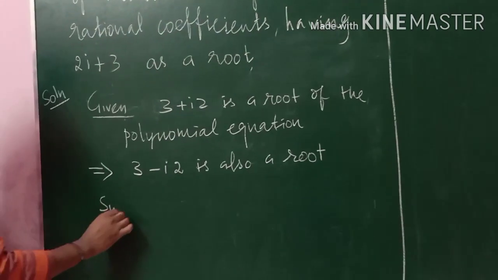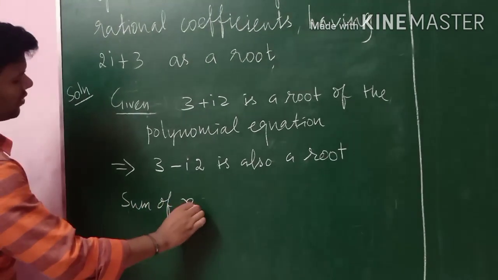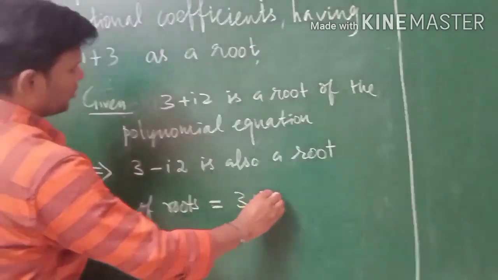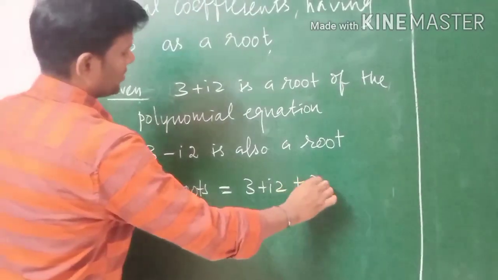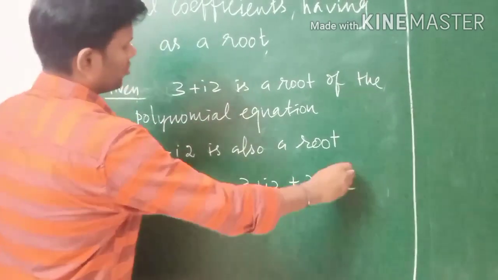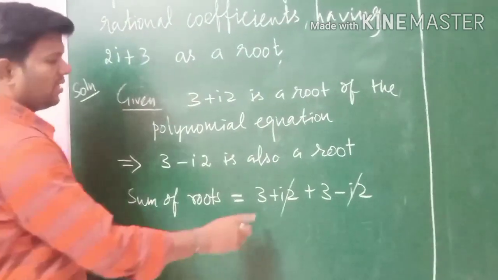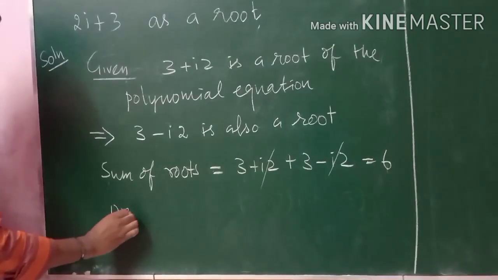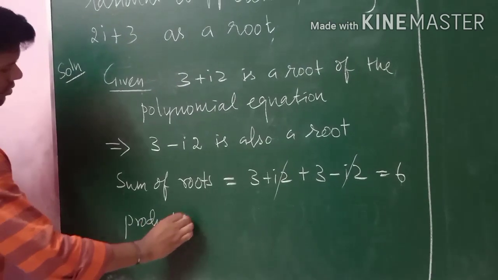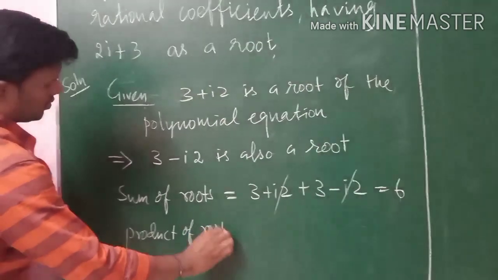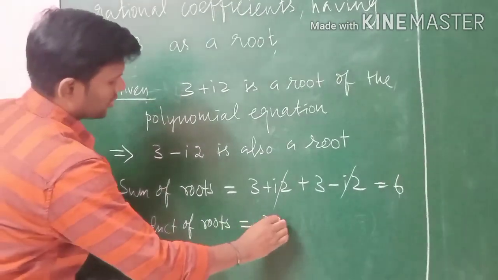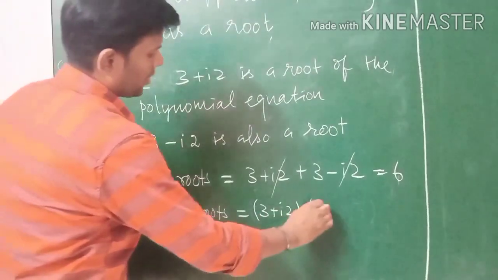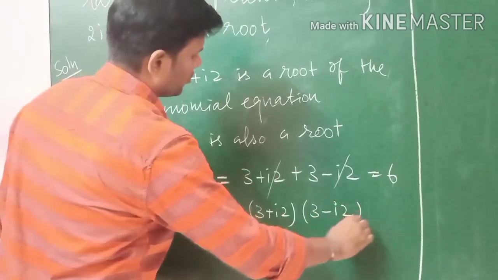So we will find the sum of roots. What is the sum of roots? 3 plus i2 plus 3 minus i2. So plus i2 minus i2 will be cancelled. 3 plus 3 is 6. And the product of roots: 3 plus i2 into 3 minus i2.